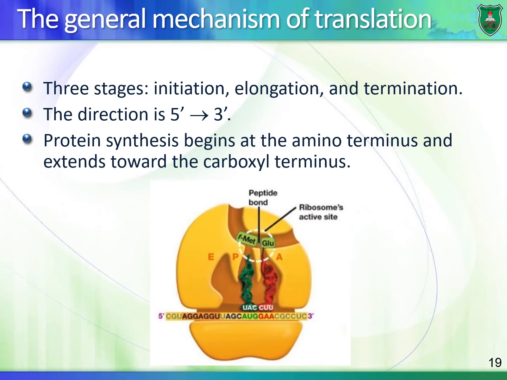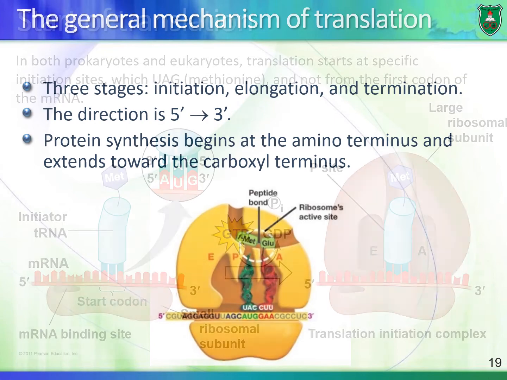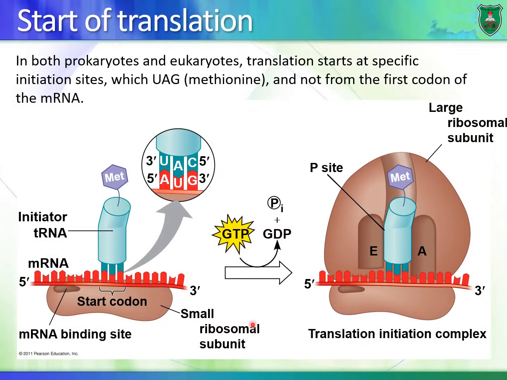Now, just like replication and transcription, we can divide translation into 3 stages. You have initiation, elongation, and termination. Okay. So initiation starts with binding of the messenger RNA with the small ribosomal subunit. That's the first thing that happens. Okay, so you have binding of, remember, the first codon is AUG.